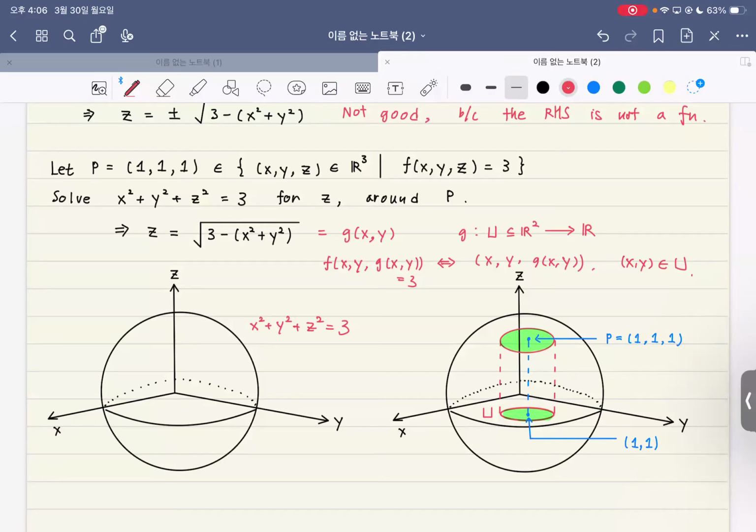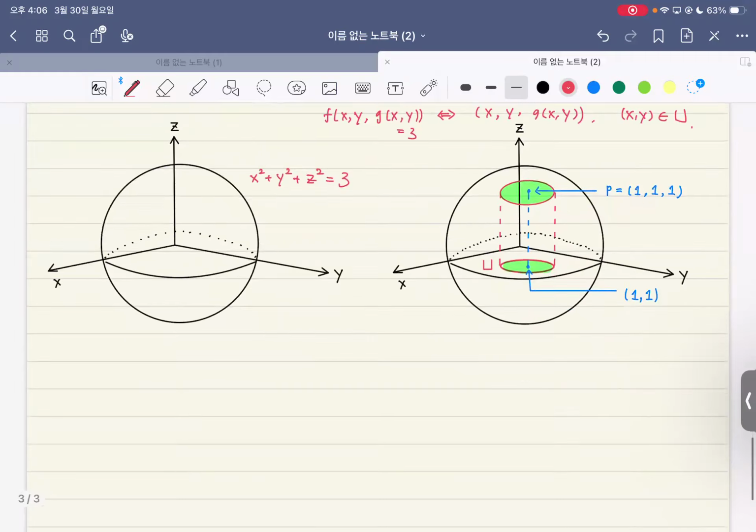Suppose that this equation is given, and being able to solve this equation for z around some point means that you can find some open neighborhood of this point, and if the intersection between the level set and this open neighborhood can be understood as the graph of such a two-variable real-valued function, then we are okay to say that this can be solved for z around the point P.